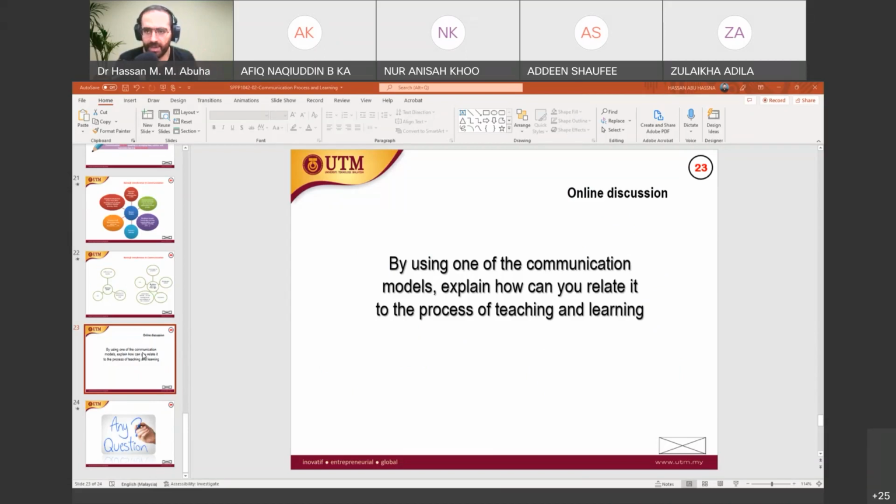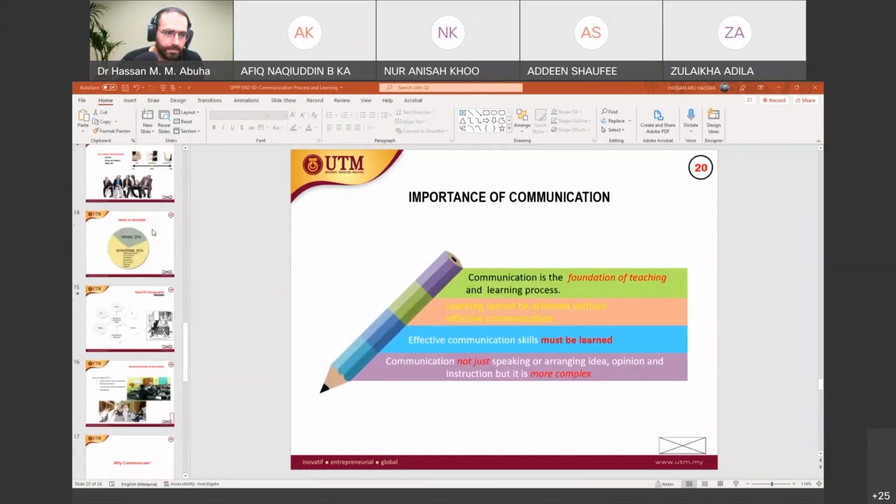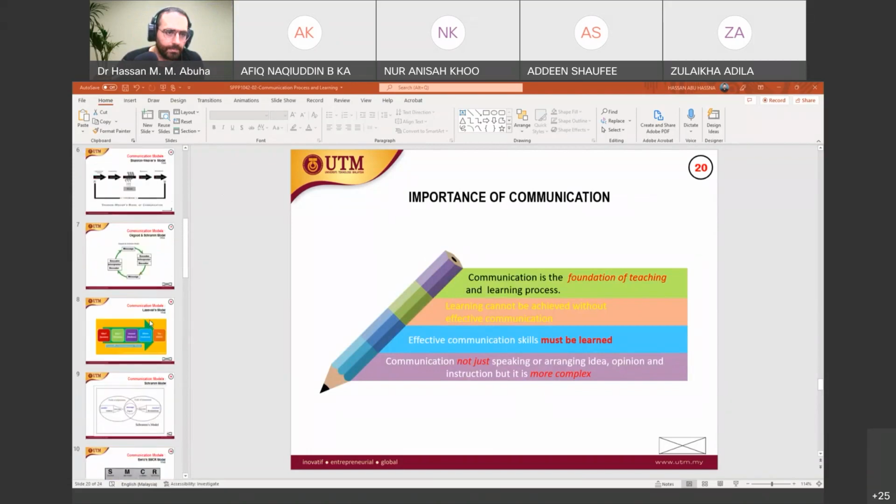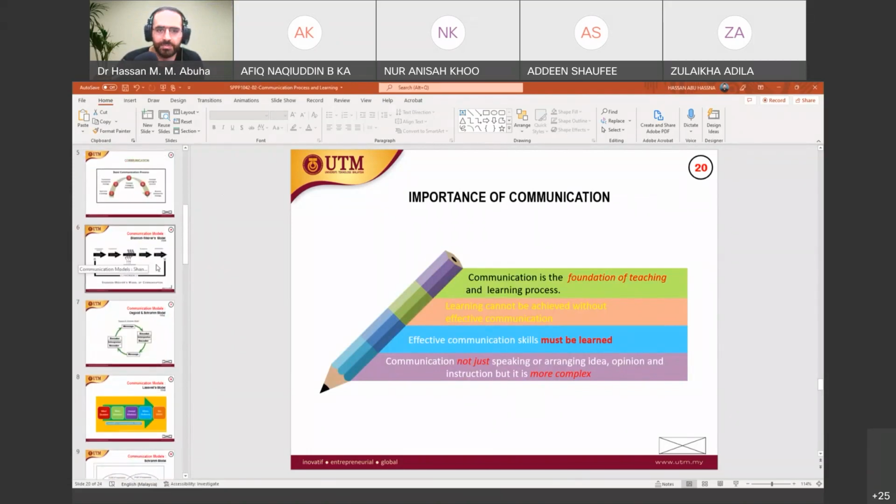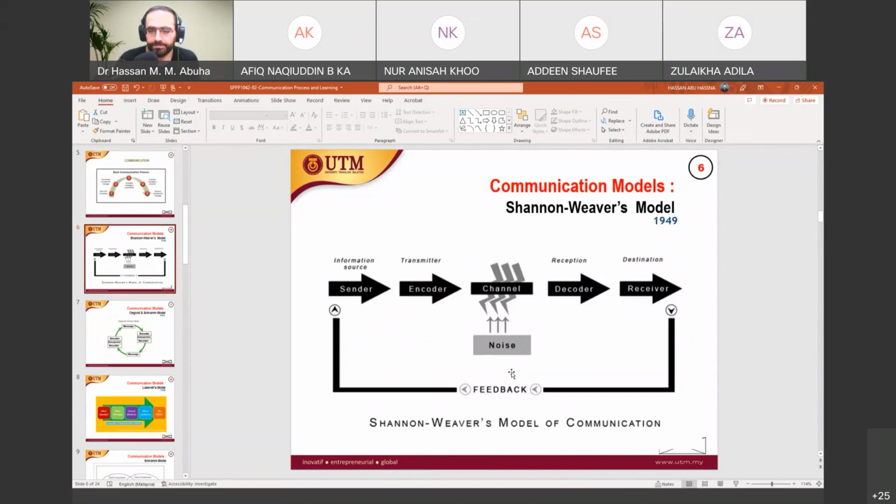Imagine yourself in a class and you need to adapt one model and use it in your class. Let's say I want to use this model, the channel model, okay? So what I'm going to need is for you to explain each one of these variables.